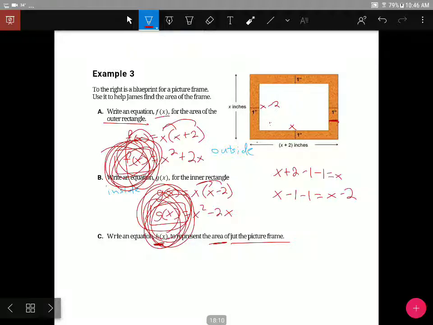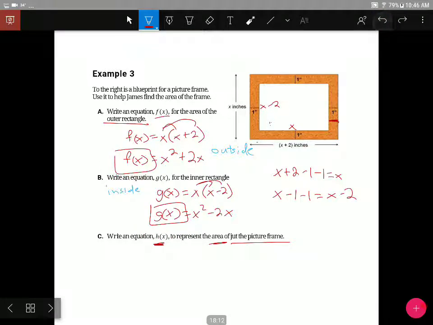You're subtracting. So it is f of x minus g of x. It is the outside one minus the inside one. That'll just leave me with the border.